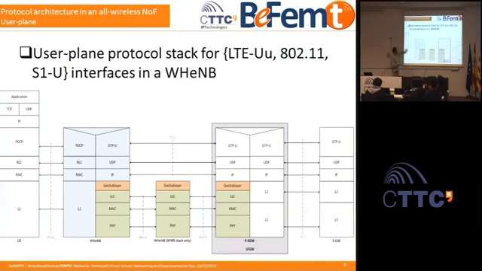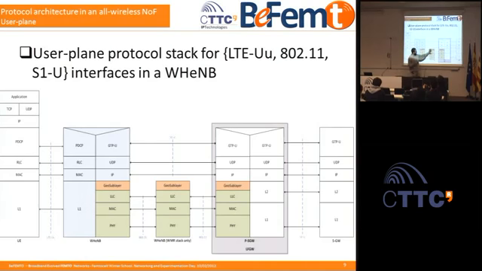So the UE has a regular stack. This is also a regular stack for what we call a wireless homing node B, because we have a wireless backhaul. So it's a femtocell with a wireless backhaul. Then we put in a Wi-Fi interface, and the intermediate wireless homing node Bs act as wireless mesh routers, if you want to call it that.